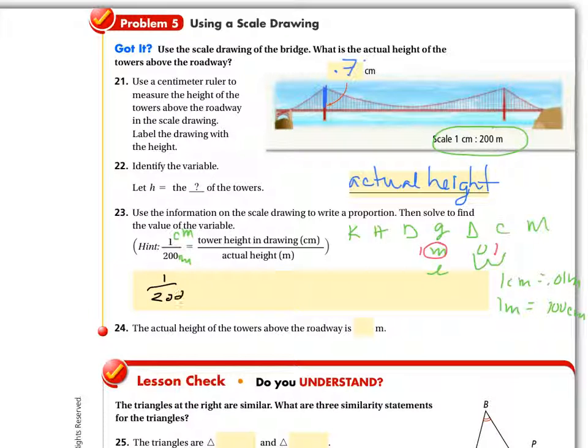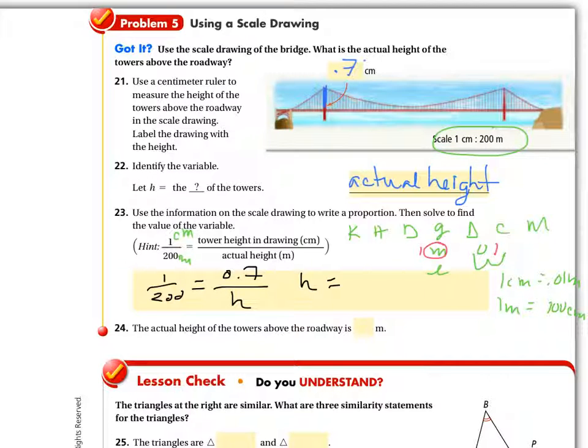1/200. I would assume they're going to have to use a calculator for this. They're big numbers. We know our tower height in the drawing is 0.7 over, and we're going to use h. So cross multiply to solve. 1 times h is h. What is 200 times 0.7? We can do that without a calculator.